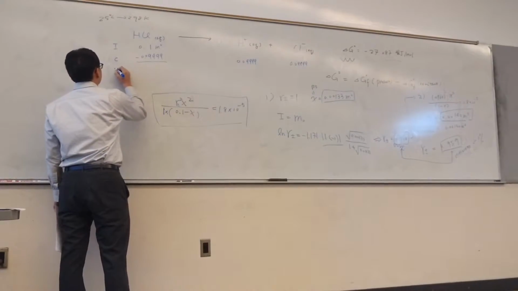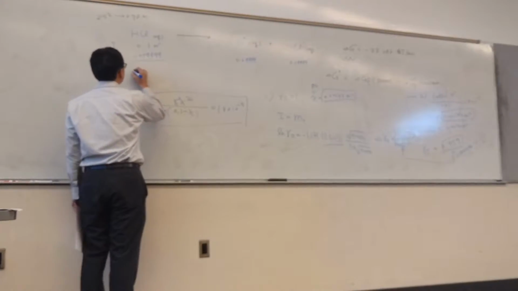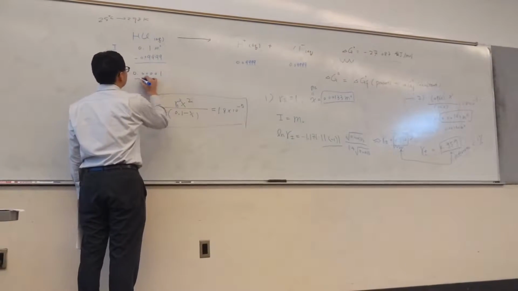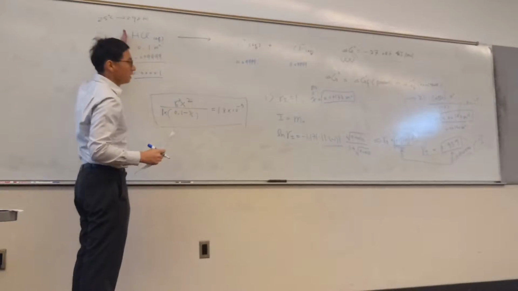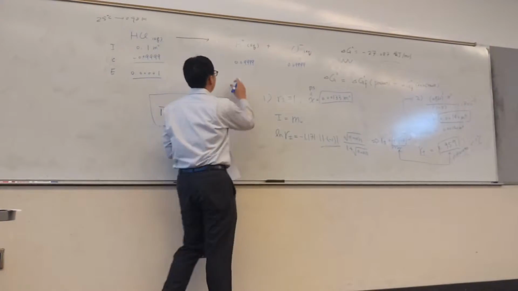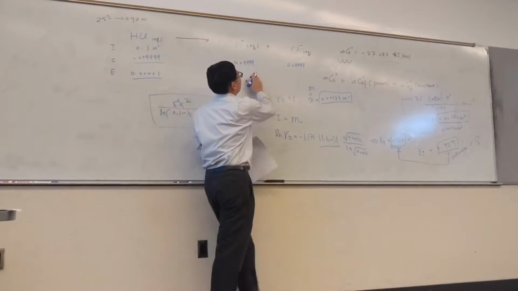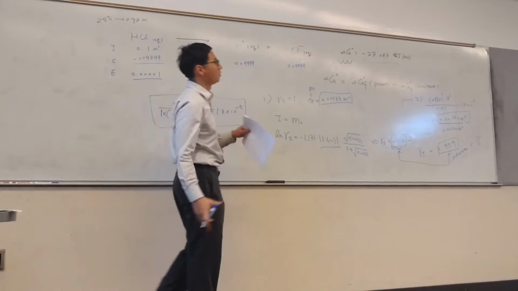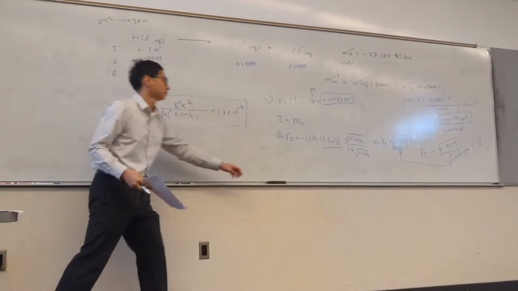So when you reach your equilibrium in your solution, you're going to have 0.00001 HCl, and you're going to have 0.09999 H+ and 0.09999 chloride anions.